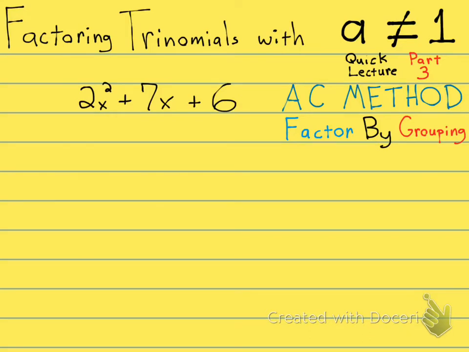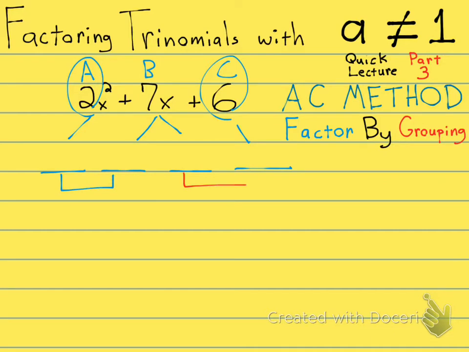If I label my coefficients A, B, and C, you're going to use the A and the C. What we're going to do with those is split up the middle term so that we then have 1, 2, 3, 4 terms. And then it's just a factor by grouping problem, which you have done with the blue and the red, the Spider-Man. Okay, so let's see it done.